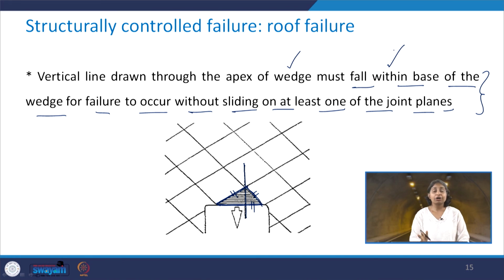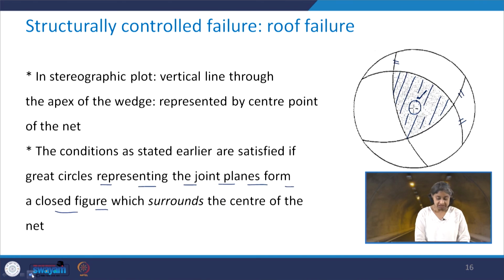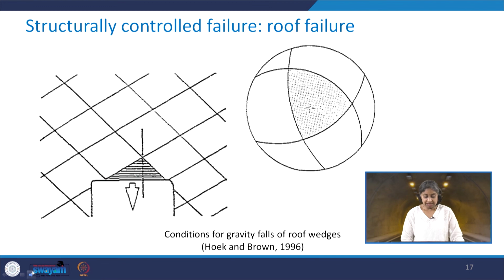Therefore, with the help of the stereographic plot, we can make sure whether such a condition will occur or not. This situation can be represented with the help of the stereographic plot in this manner.